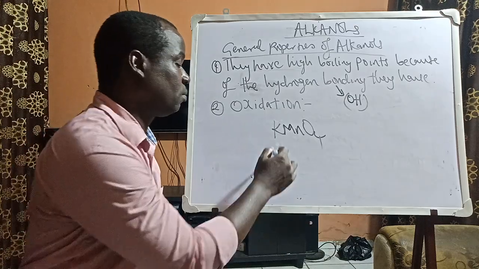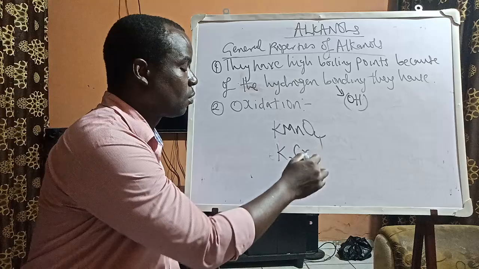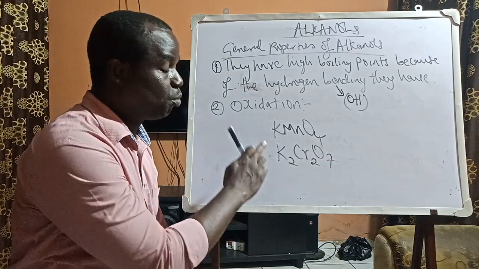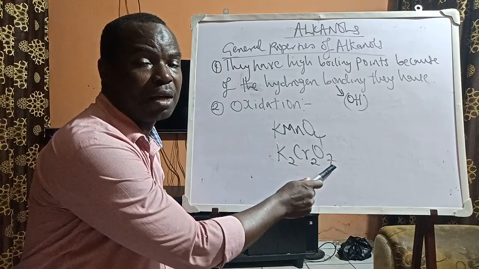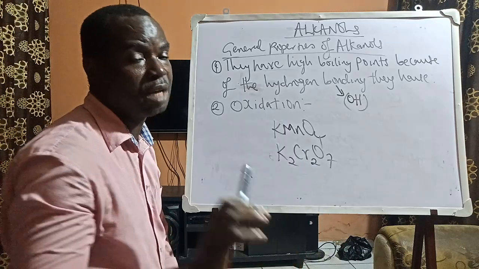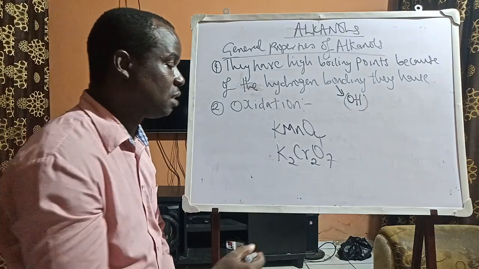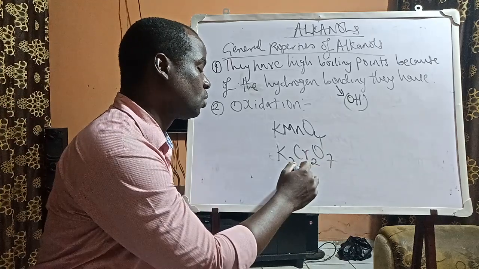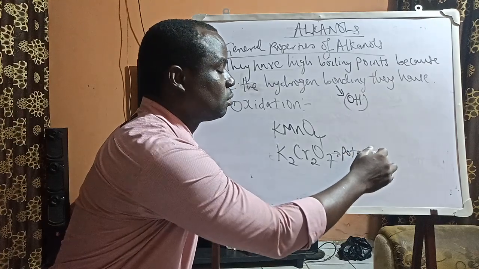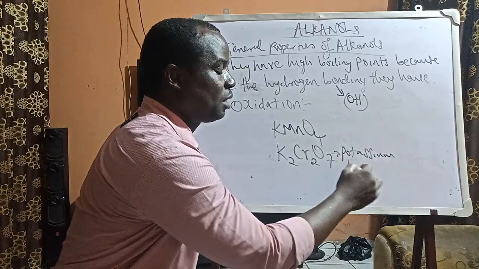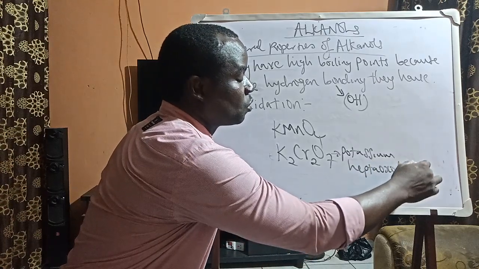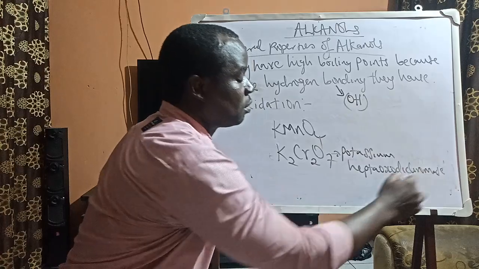Or you see this one. This one is called potassium heptaoxodichromate 6. Okay, let me write it so that you can get it. This one is potassium heptaoxodichromate 6.